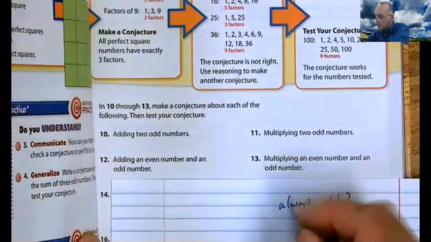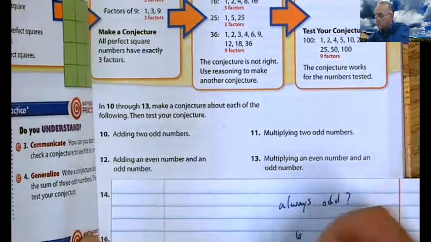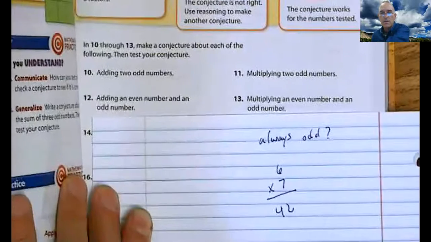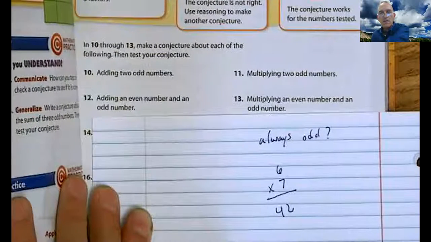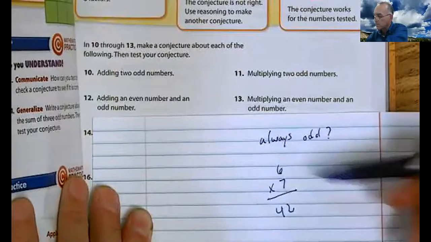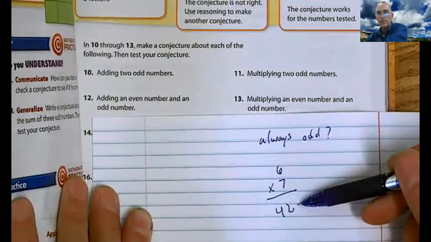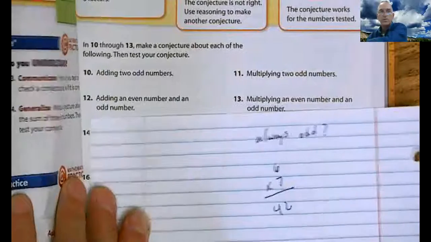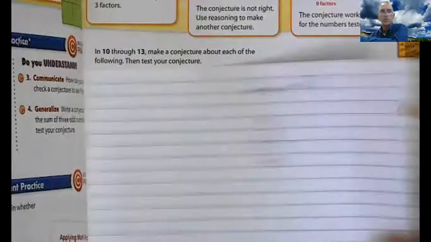An even and an odd. Well, the one I guessed right away, sorry, I'm off the screen. Multiplying an even and an odd number. Look, right away. I said it will always be odd. No, it's incorrect. So do you see how conjectures work?